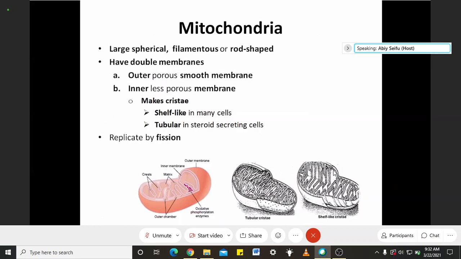Then we have another organelle in the list, the mitochondria. Mitochondria are important for supplying the energy currency of the cell, which is ATP.